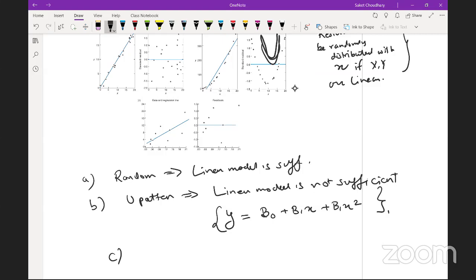C, again, okay, what do people think about C? We are already out of time, but if you want to take a guess, what's happening in case of C? Okay, so in C also we have an increasing pattern.